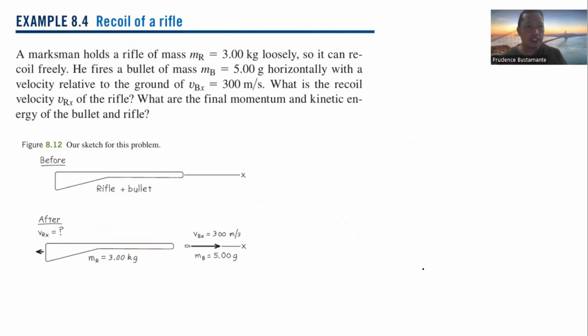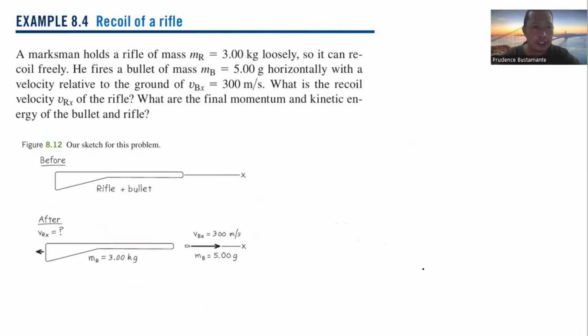Okay. So this is a recoil of a rifle. A marksman holds a rifle of mass MR of 3.00 kilograms loosely, so it can recoil freely.